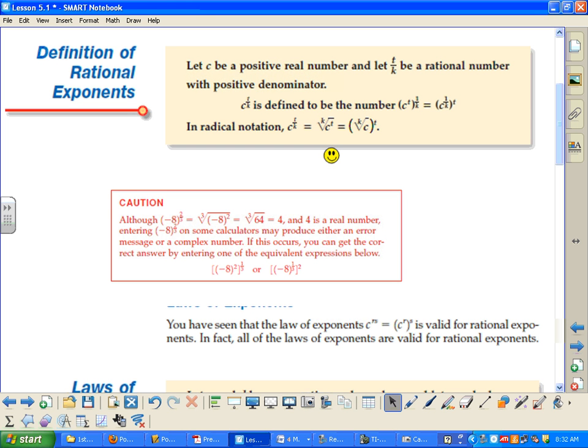Okay? The denominator goes there. The numerator is the exponent inside. Either it can be inside the radical, like it is here, c to the power of t, or I could just say the kth root of c, and that whole thing raised to the power of t. And that's another situation where it just kind of depends. One way is easier to find an answer than the other one is.